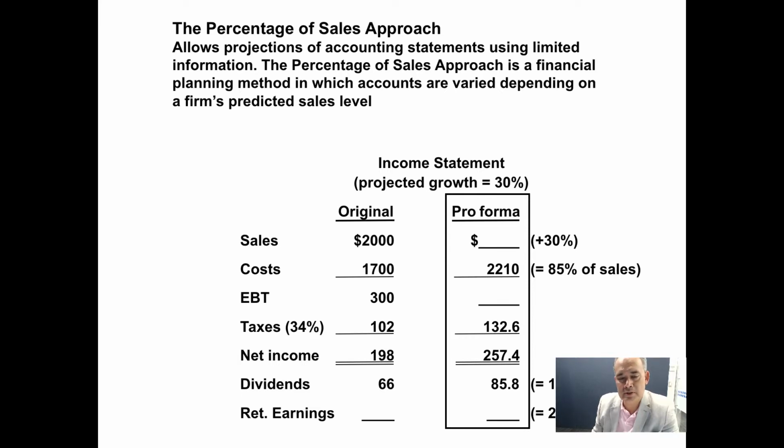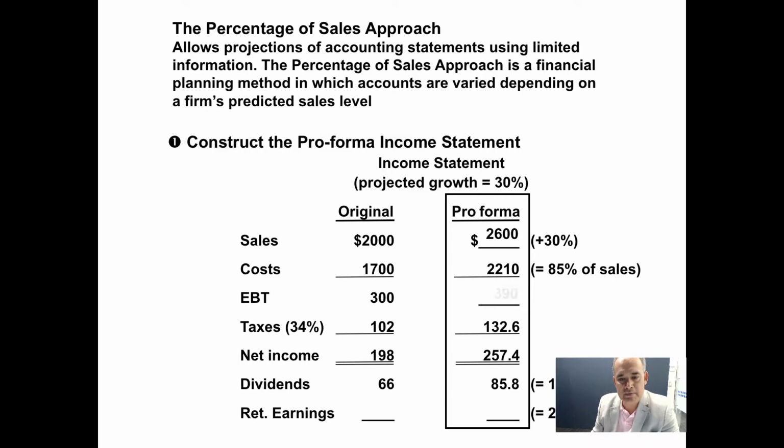Well, guys, as I told you, now we have to see the percentage of sales approach. The percentage of sales approach, as its name suggests, is based upon a percentage of the forecasted sales. The main point here is to figure out what the external financial needs are, depending on the growth rate in sales that we are aiming for. Let's start with a very simple example.